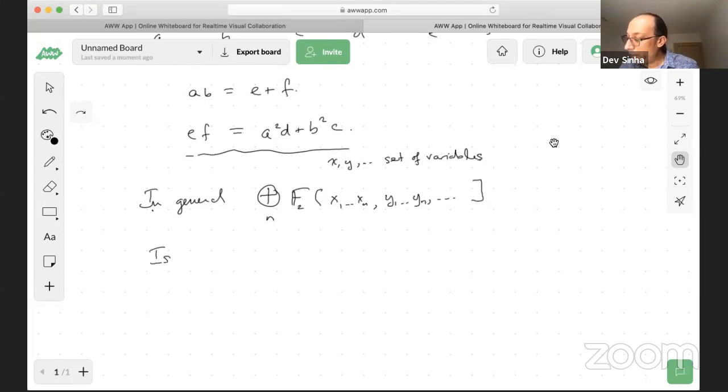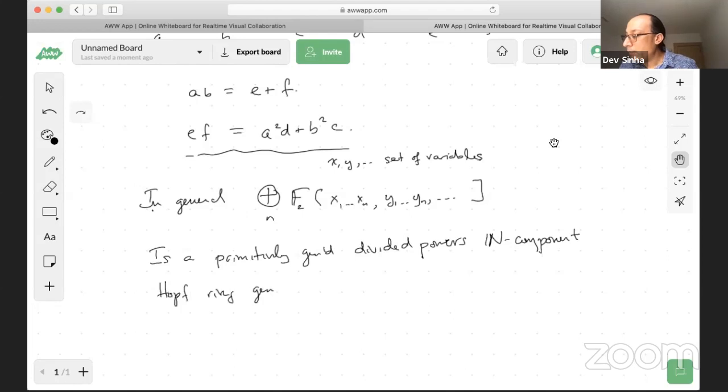This is a primitively generated divided powers in component Hopf ring generated by the standard elementary symmetric polynomials in each variable.